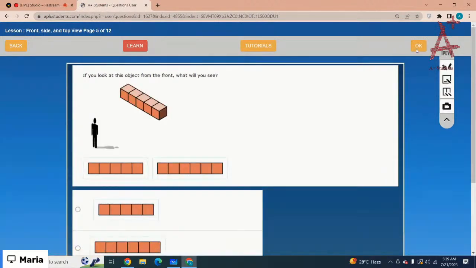If you look at this object from the front, what will you see? Which is the correct option? You can see this one with the 5 tiles.